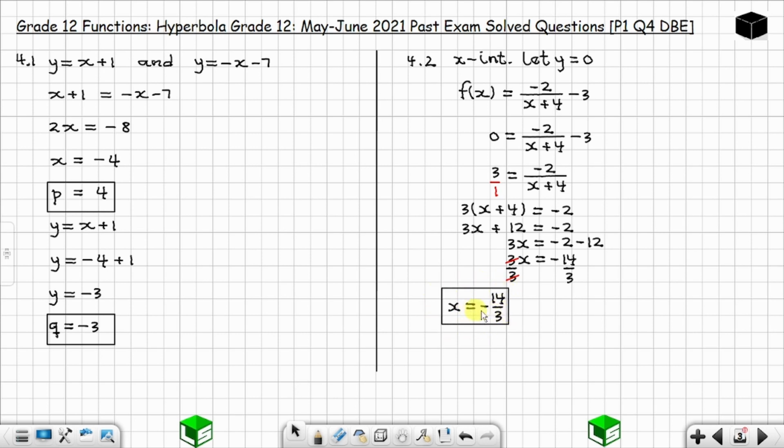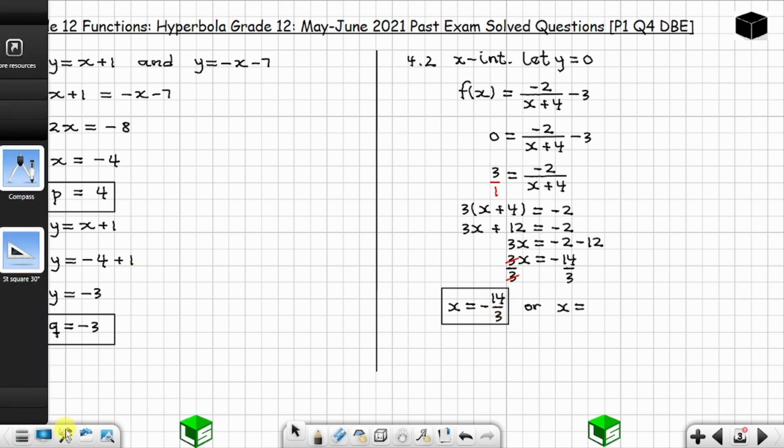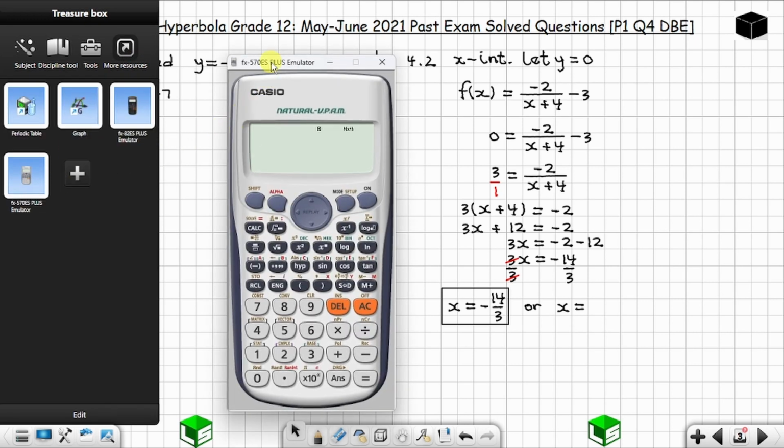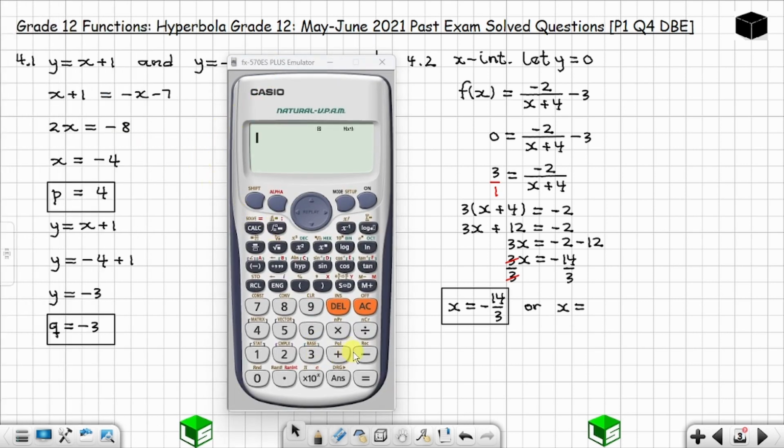You can also get it in decimal instead of fraction. So if you use your calculator, what is the answer in decimal? You have negative 14 over 3, right?